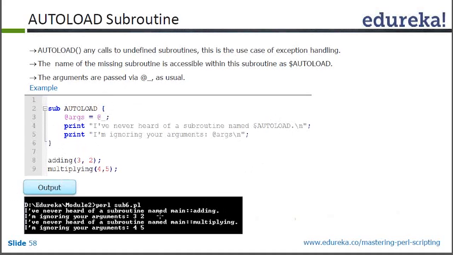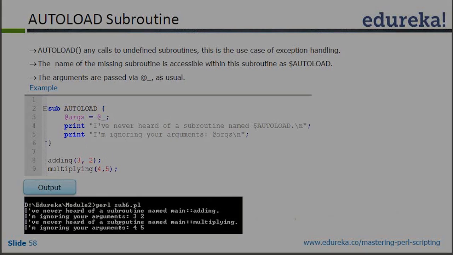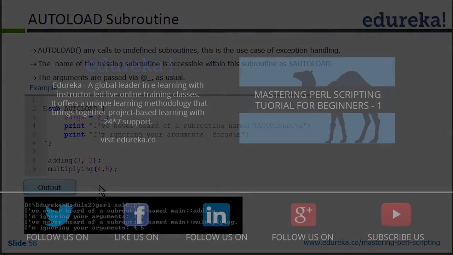So the arguments will be in @args. Here we are passing the default arguments of this functionality to @args. So this @args will print the arguments. So you can see that it will do the same thing for both cases, adding and multiplying.